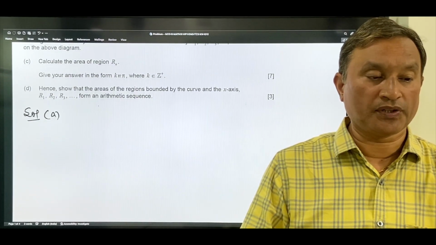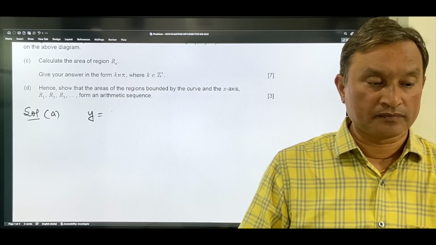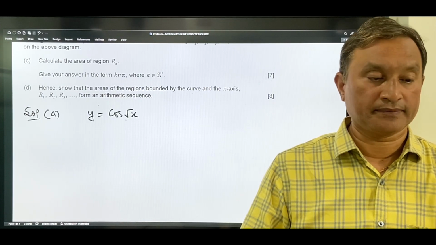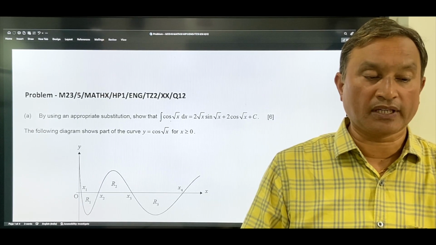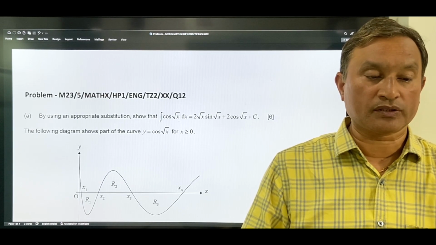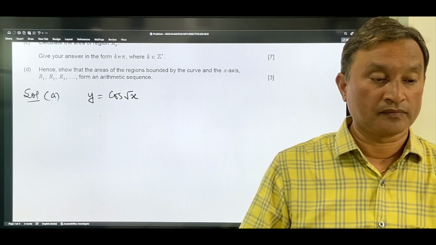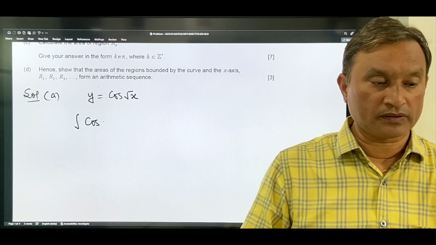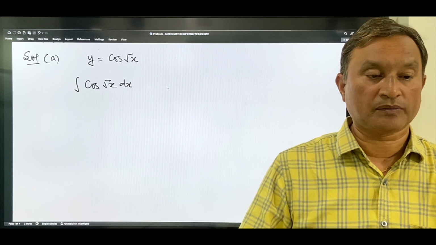So we have the equation of the curve y equals cos root x, and we have to show the integration of cos root x dx. Now substitute here.